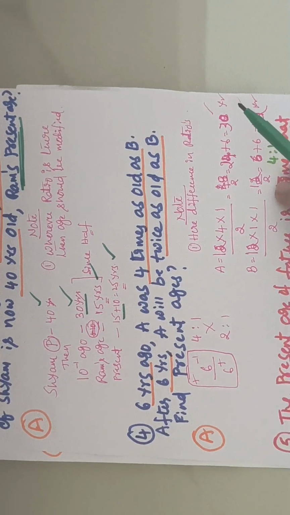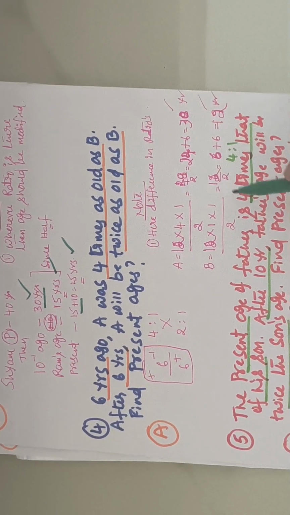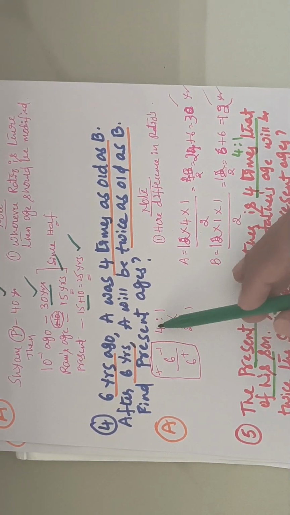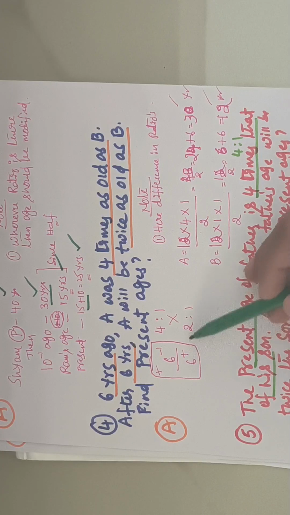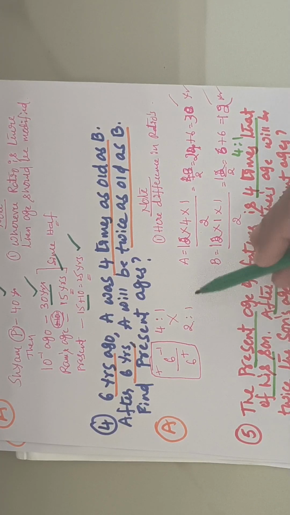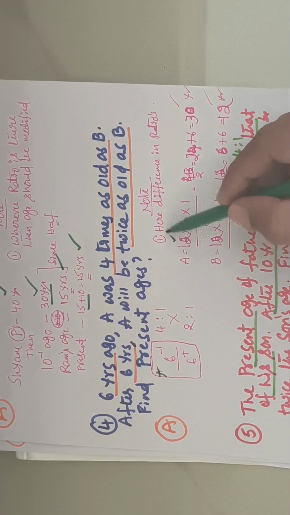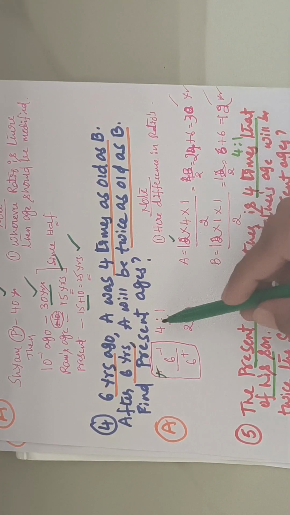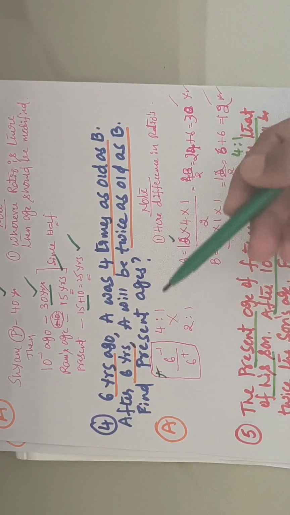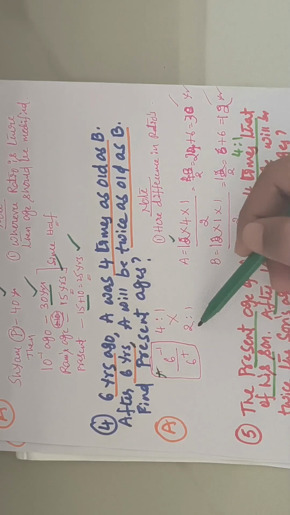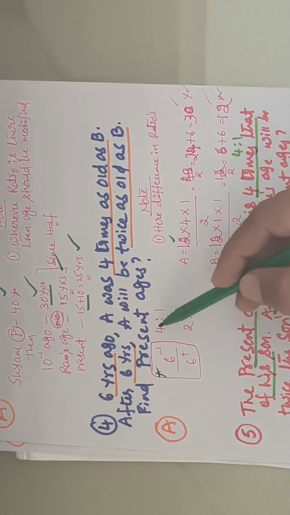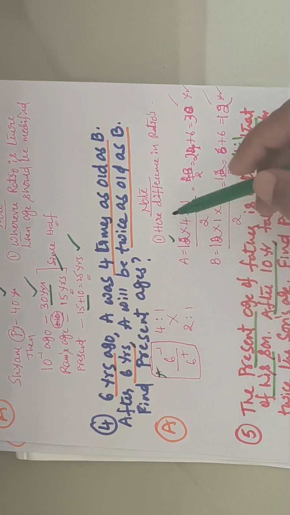So this kind of problem we will solve with a particular method. Okay. 6 years ago, the ratio was 4:1. After 6 years, it is 2:1. So in total, we have to add 6 plus 6, 12 years. We can take any ratio, before 6 years or after 6 years. Here I have taken the 6 years ago ratio.